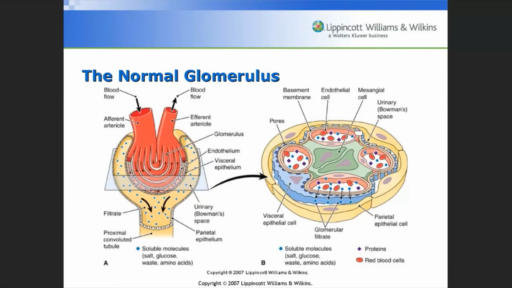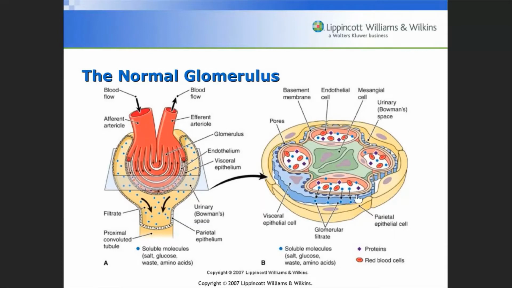So here's the basement membrane, the visceral layer epithelium, and the endothelium. Those are the components of the filtration membrane.